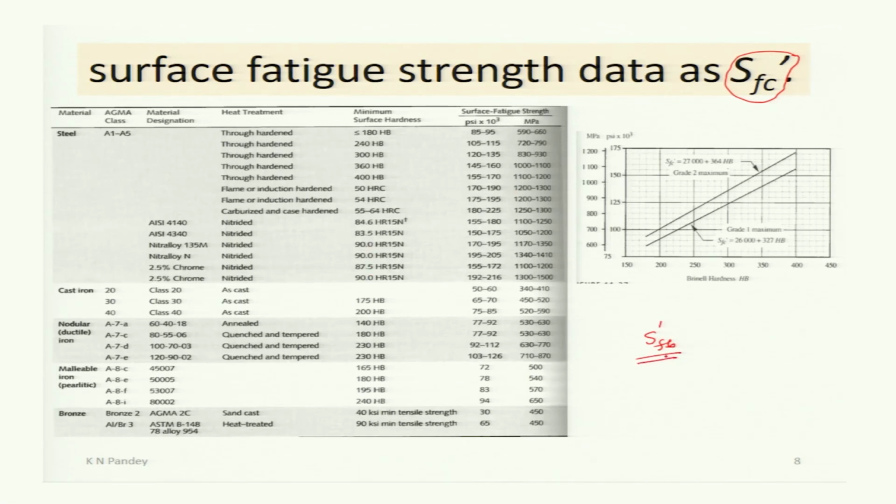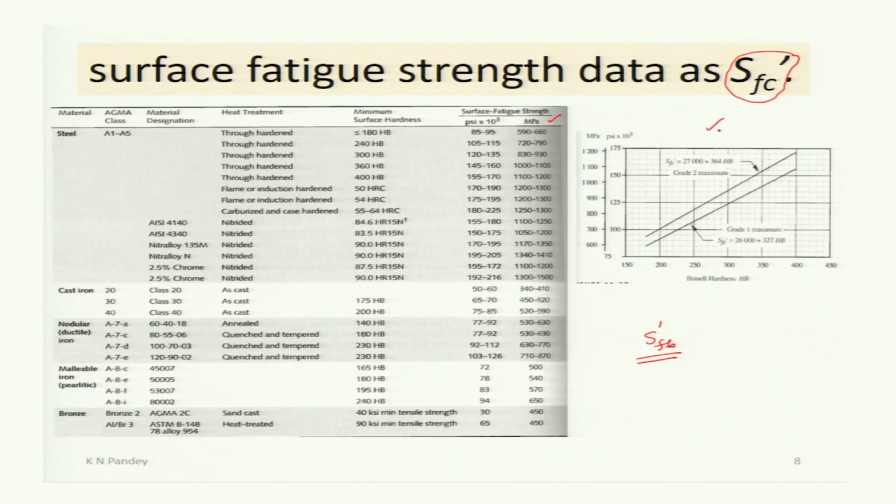Here also, for different categories of materials and for different AGMA class and material designation, and under different heat treatment conditions and minimum surface hardness condition, the surface fatigue strength in megapascal is given, and it is given in the form of a range. So for any particular material you can select the value in between the range given here.